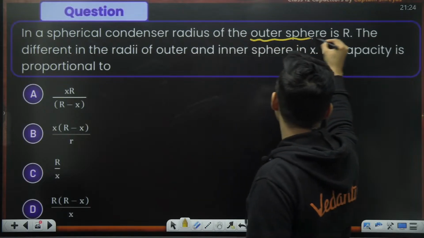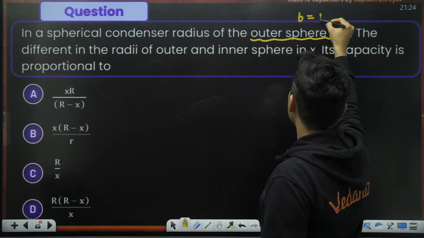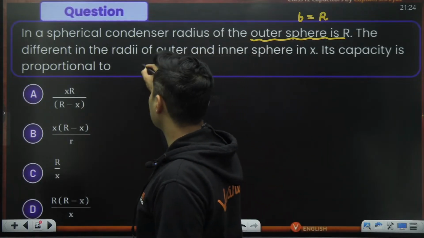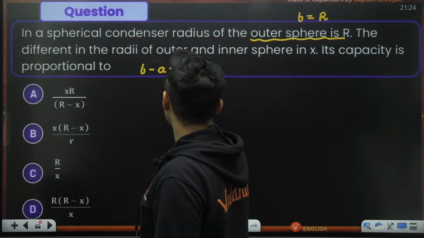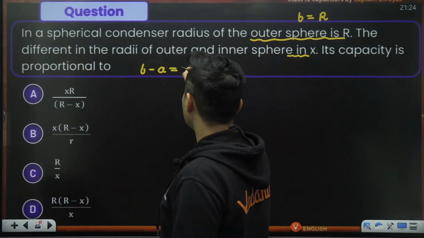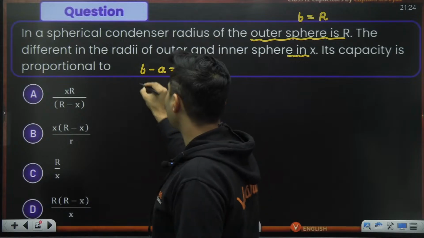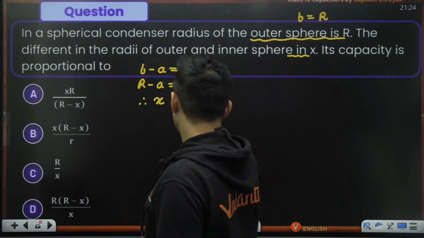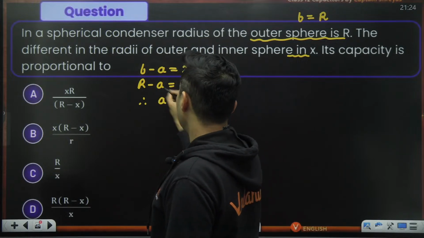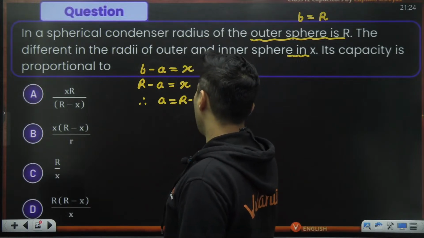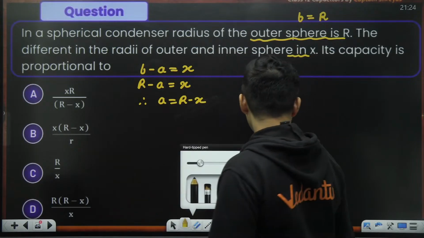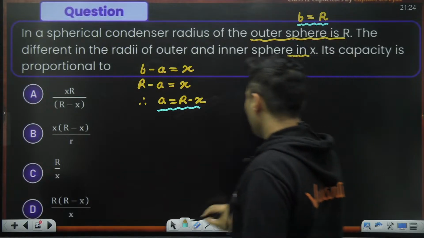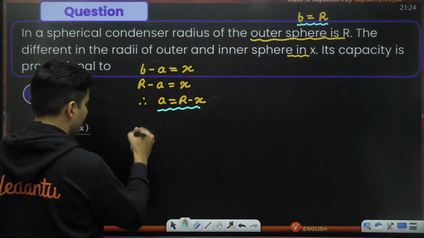The outer sphere radius is R, that means B is basically R. The difference in the outer and inner sphere, that means B minus A is basically X. But wait a minute, B is R, so R minus A is equal to X. Therefore, A will be nothing but R minus X. So we have now technically got the value of A also. We also got the value of B. So now we can find out the capacitance.